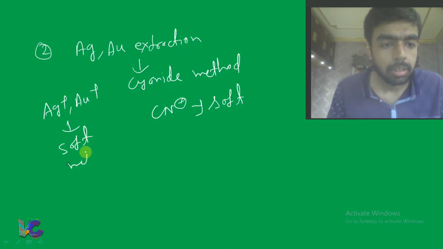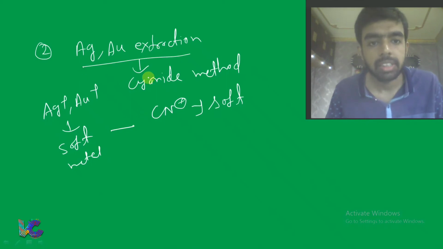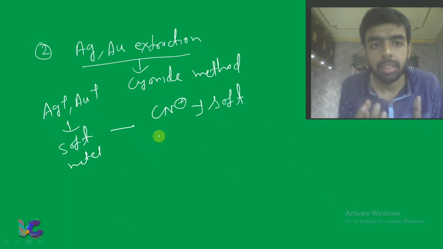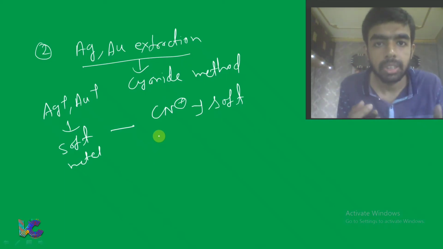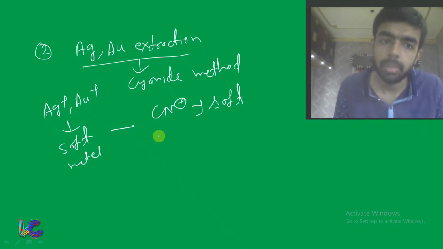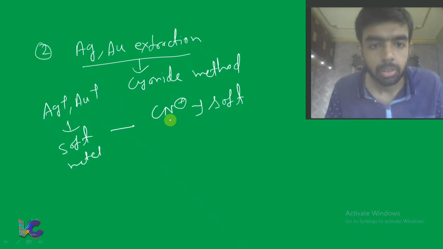That means a soft combination is there. That is why Ag and Au extraction is done by the cyanide method. You can explain this from the HSAB principle, because there is soft interaction between the metal and the ligand. So CN minus is soft, Ag plus and Au plus are also soft.